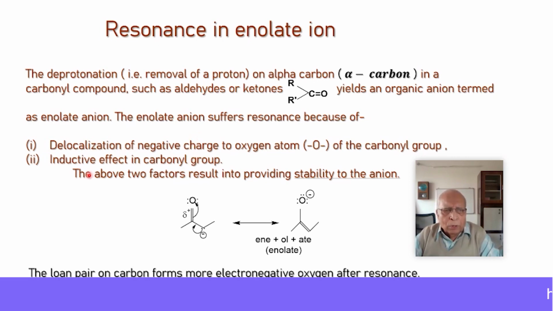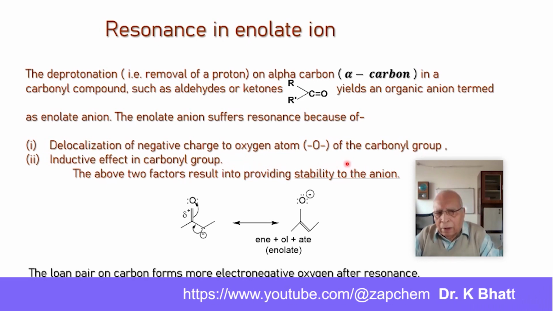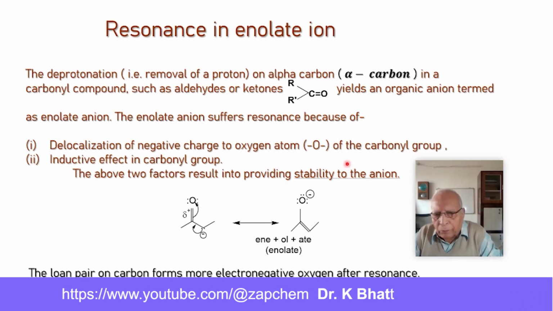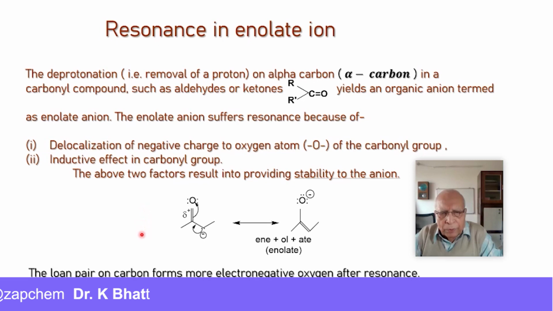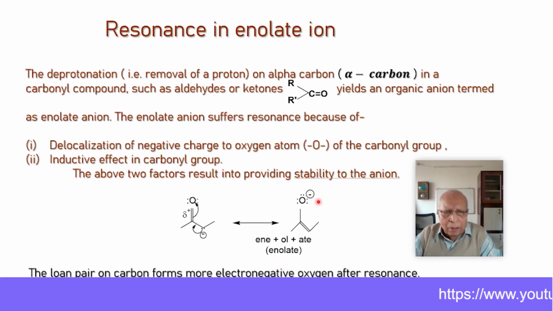It occurs because of the delocalization of the negative charge to the oxygen atom of the carbonyl group, which has the double bond, along with the inductive effect of the carbonyl group.